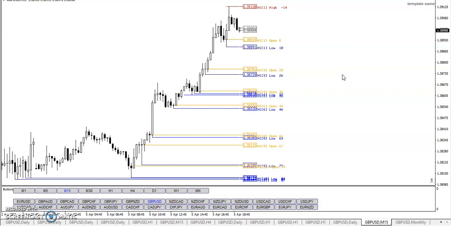So for me, I would just look at the highs and the lows, and you can see here for the day where the lowest lows are and the highest high is, and you can trade accordingly. You can see if price will come back into an area or not.